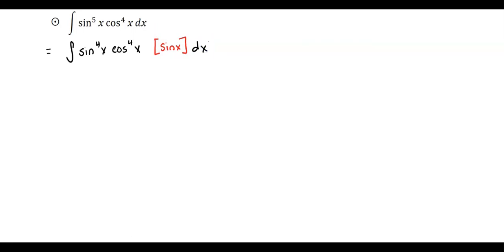So now I need to deal with this sine to the fourth of x, and I need to turn it into something in terms of cosine. So coming off to the side in your scratch paper, sine to the fourth power of x is equivalent to sine squared of x squared, because when you raise a power to a power, you multiply them.